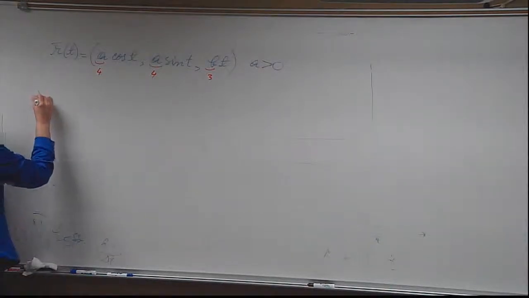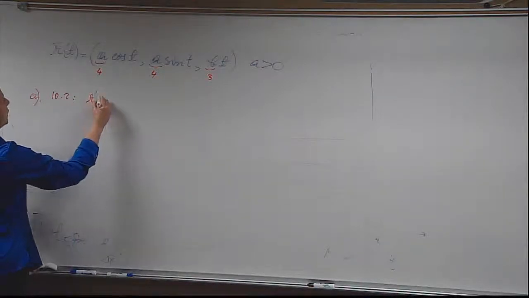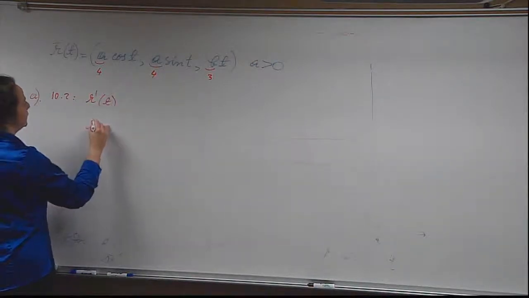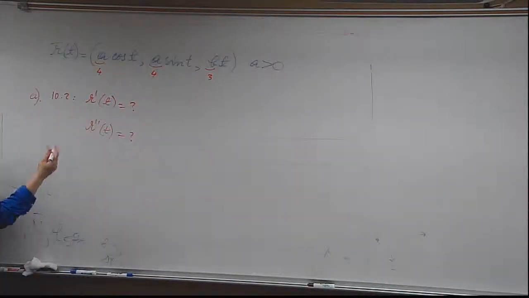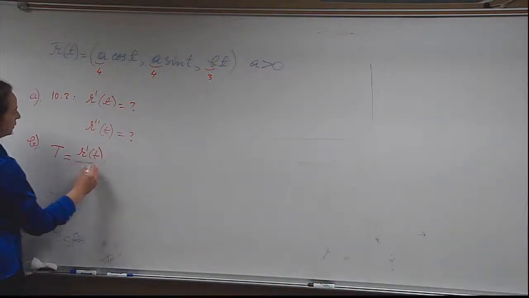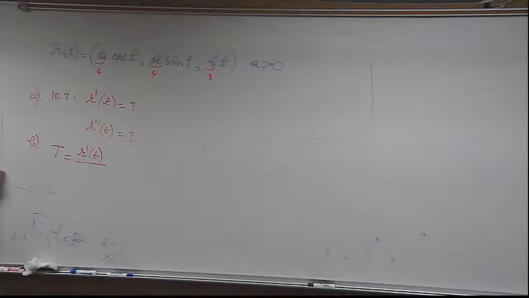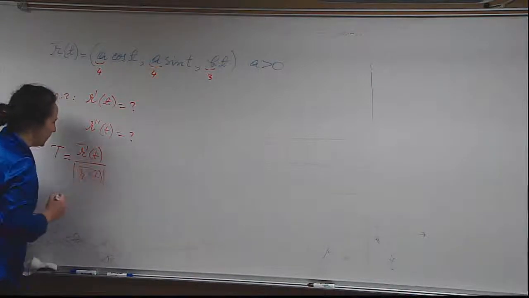Now what do I want? A. Like in 10.2, rewrite r prime of t, rewrite r double prime of t. So it's a complex problem. In B, I want you to find T as r prime of t over, who remembers the formula? I shouldn't spoon feed you that. Magnitude.